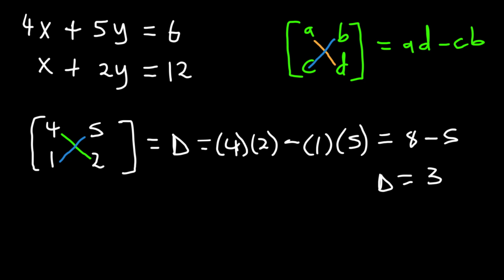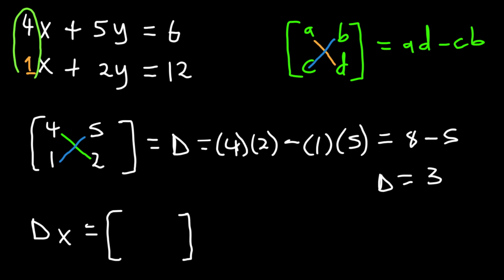Now what we need to do next is find Dx. Dx will also be a 2 by 2 matrix. However, in this case, we need to replace the coefficients of x by the numbers on the right hand side of the equations. Therefore, instead of writing 4 and 1, we shall write 6 and 12. And then the coefficients of y will remain the same.